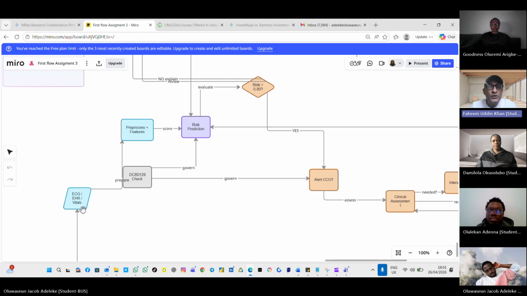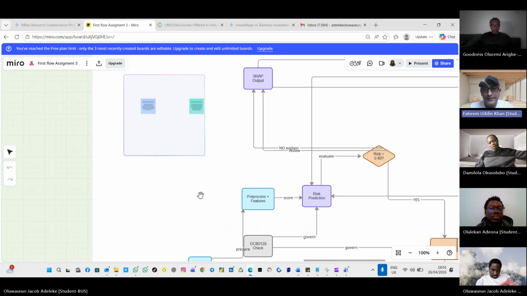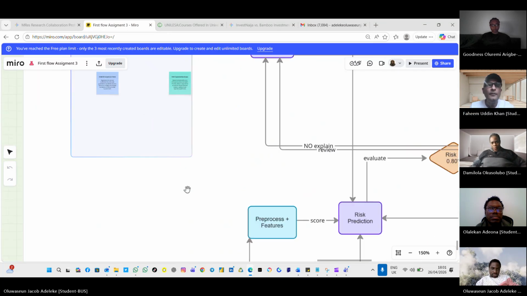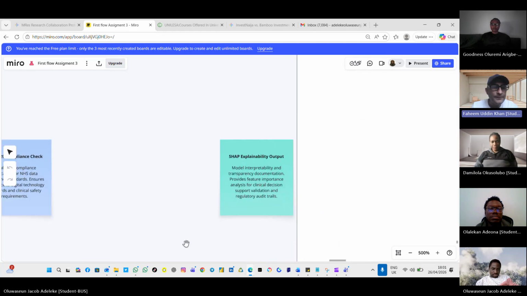However, before AI can use this data, we must focus on clinical safety. This is the most important step. So what is clinical safety? Clinical safety means protecting patients from risk and harm when using medical care or technology.